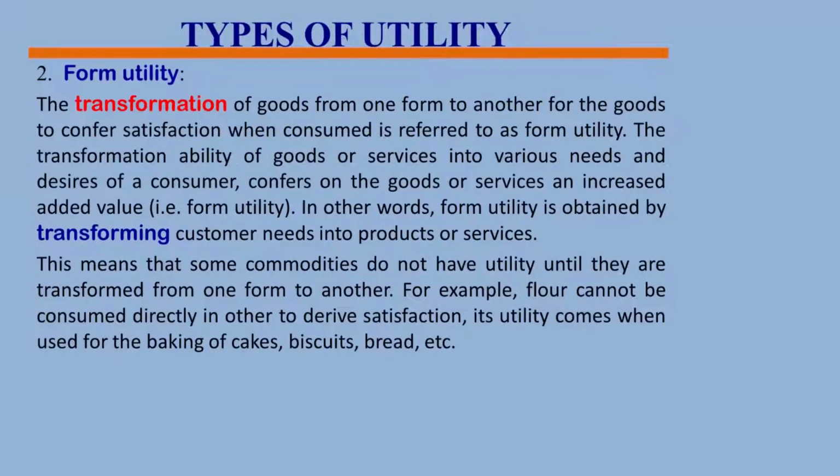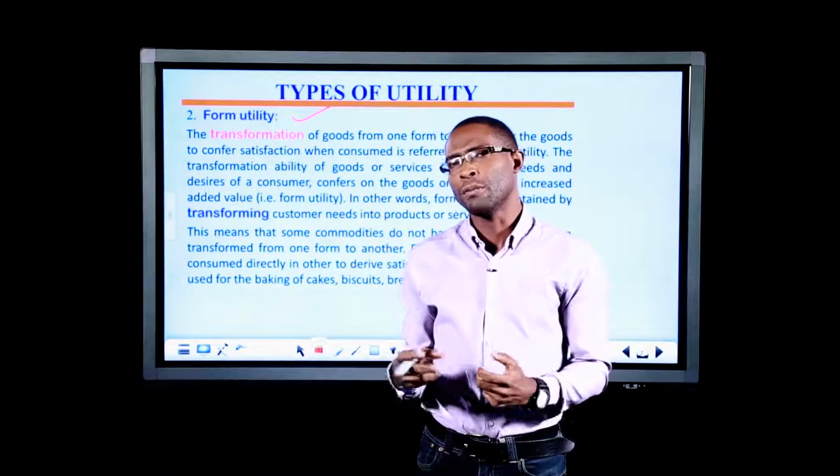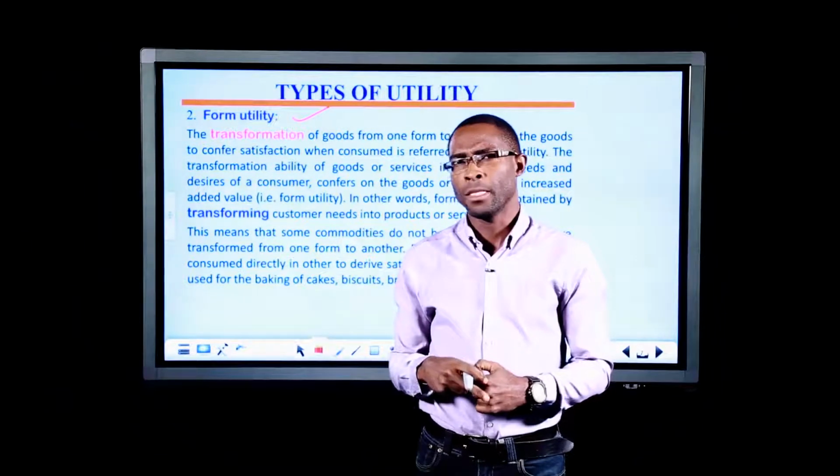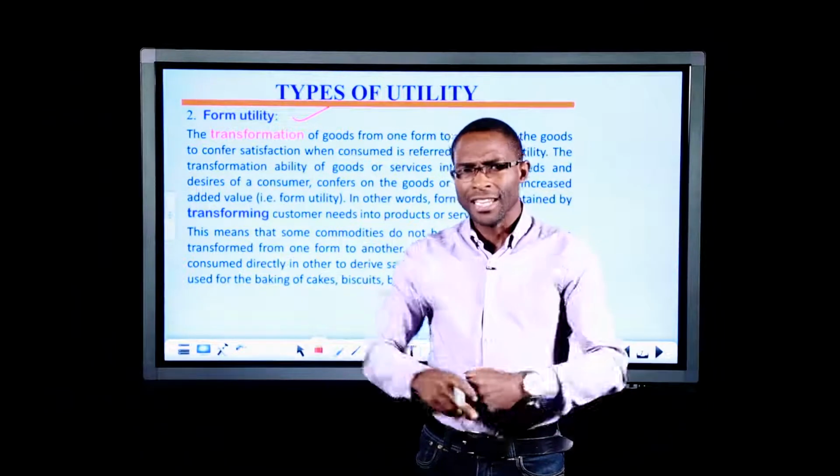As we go further, let's look at form utility. The transformation of goods or services to bring about utility is what we refer to as form utility. Let me throw more light on that. If mommy wants to bake cake, she goes to the market to buy flour. In the real sense, you cannot consume flour in its state.